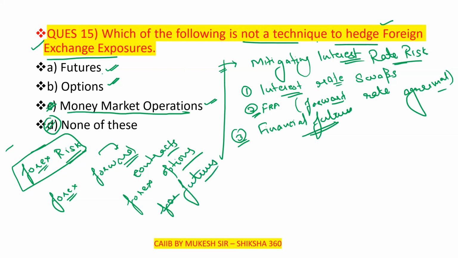So not this one. Sorry, option C is the answer here. Hope it is clear up to this point. We have already discussed all the points regarding interest rate risk and forex risk.